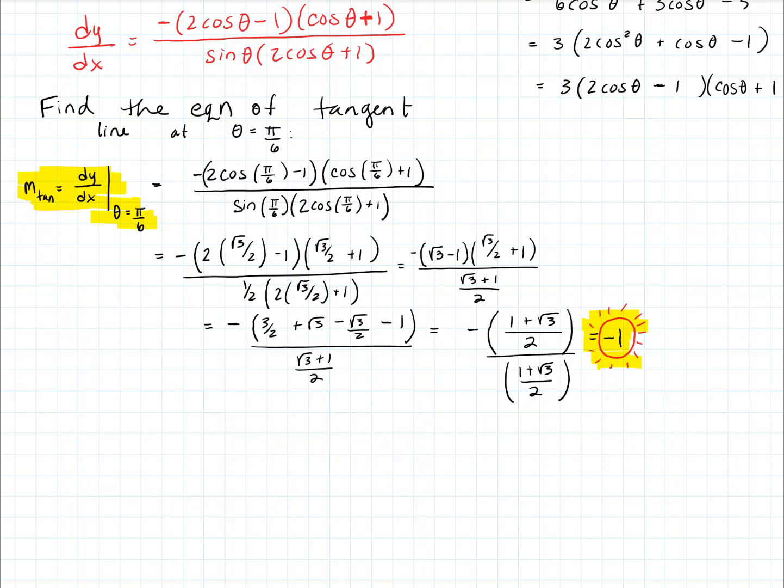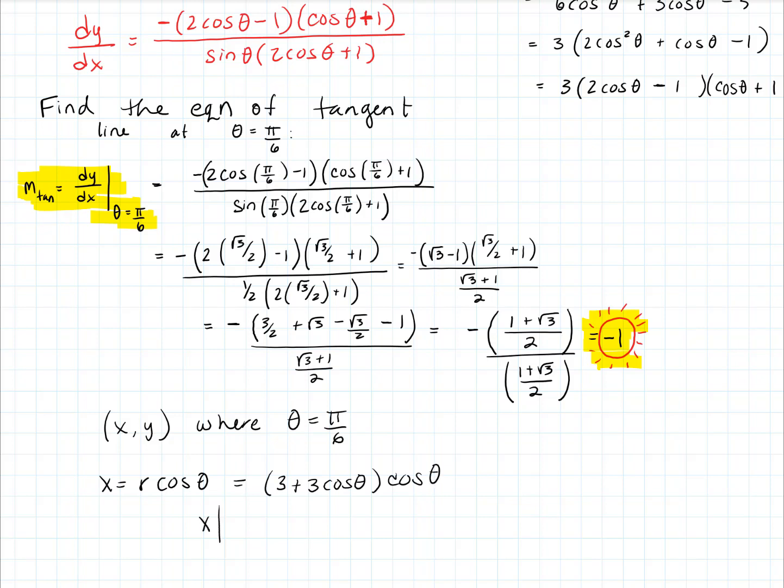If I wanted to find the equation of the tangent line, then I'd need to figure out the ordered pair, the point where the xy ordered pair where theta equals pi over 6, and so we would do that by finding, x is r cosine of theta, and r is 3 plus 3 cosine of theta times cosine of theta, and we would plug in pi over 6, and so x at pi over 6 would be equal to 3 plus 3 root 3 over 2 times root 3 over 2 and... we would keep going.